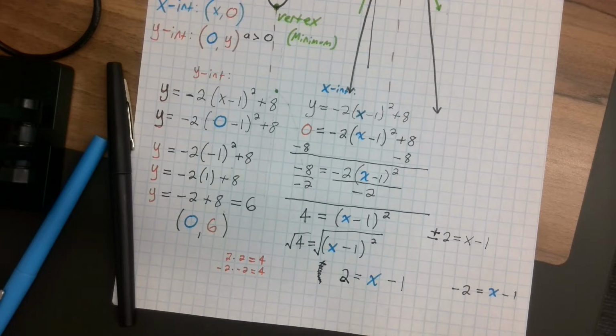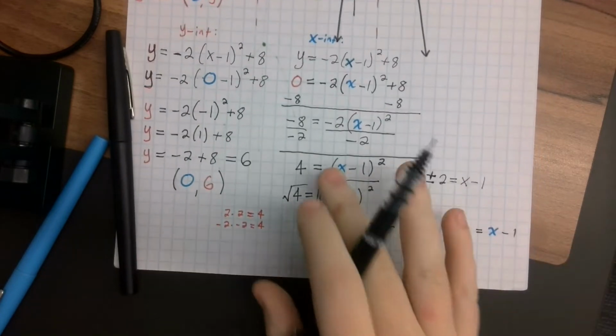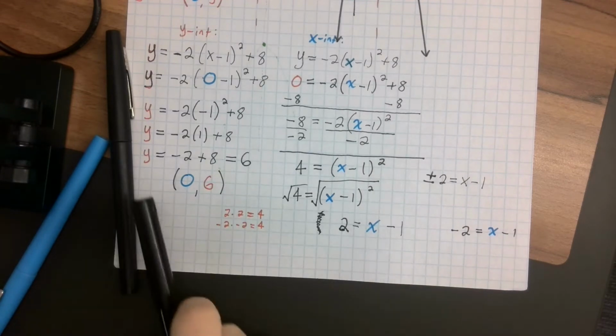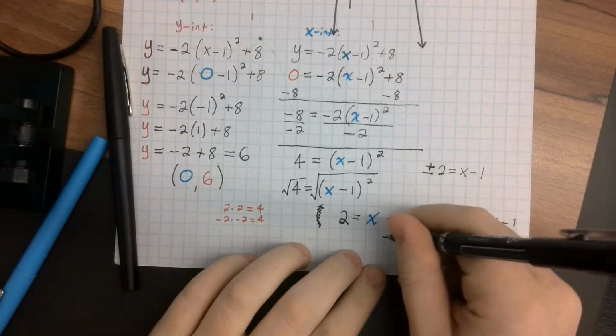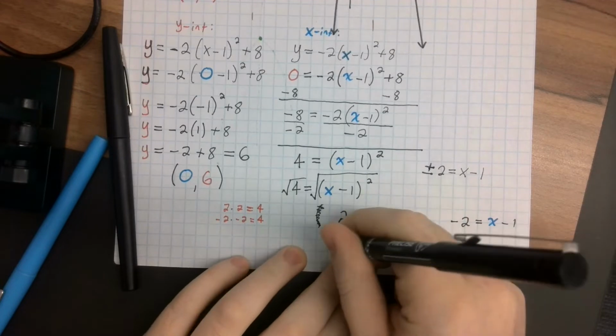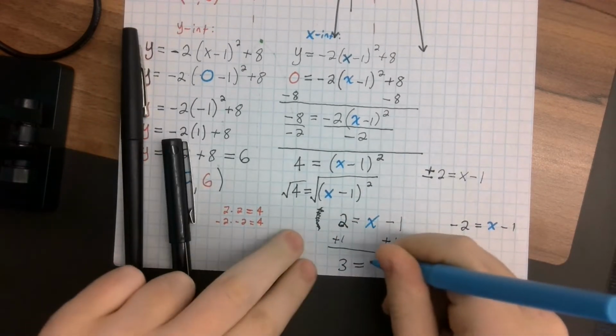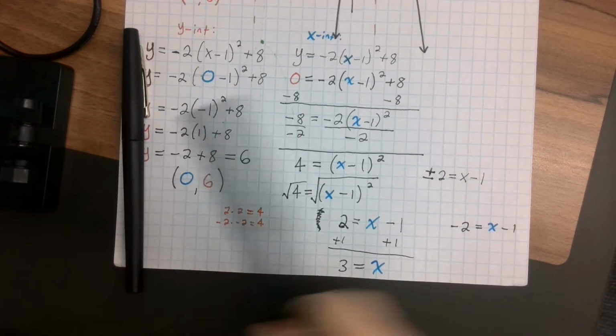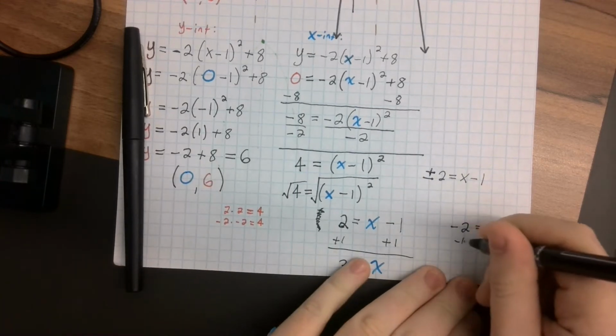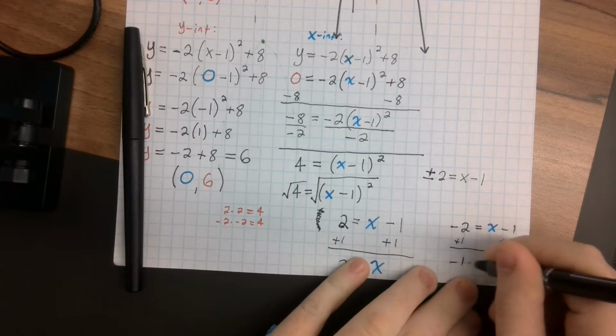Down below, we see that we want to solve for x. So this last step is easy. To get x by itself, we can just add 1 to both sides. We find that one of our answers is x equals 3, and the other answer is x equals negative 1.